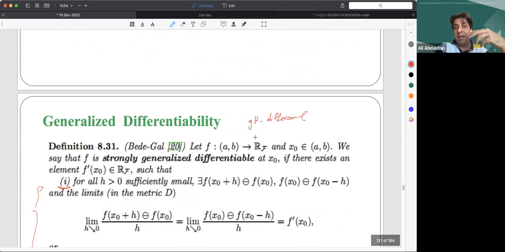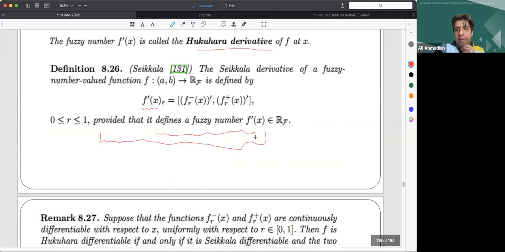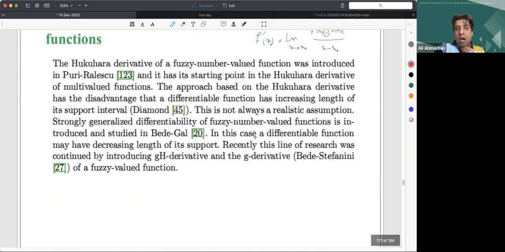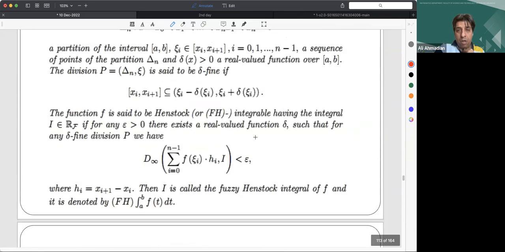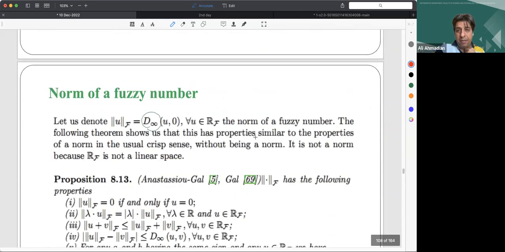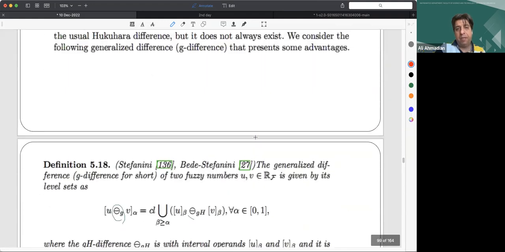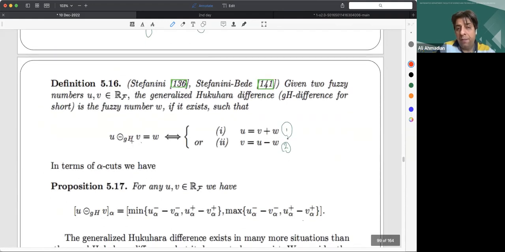I just want to refer you to the generalized Hukuhara difference. The generalized Hukuhara difference, compared with the Hukuhara difference, gives us only another option, because this one already exists in the Hukuhara difference.